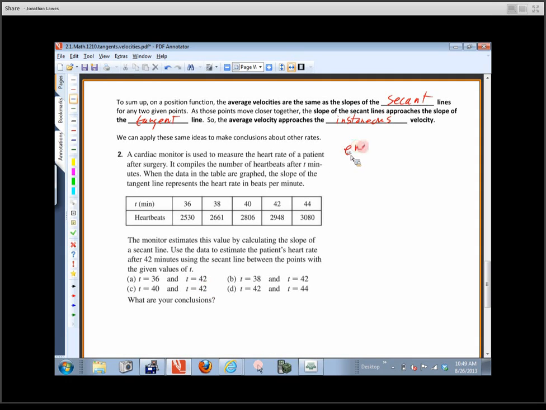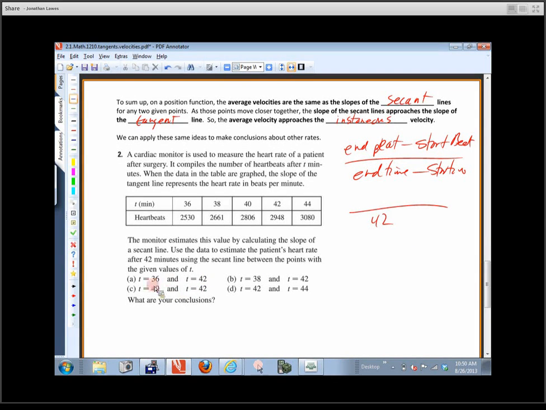So we're going to do end beats minus start beats over end time minus start time. And let's compute that. Let's do the end time first. What's the end time for A? 42.